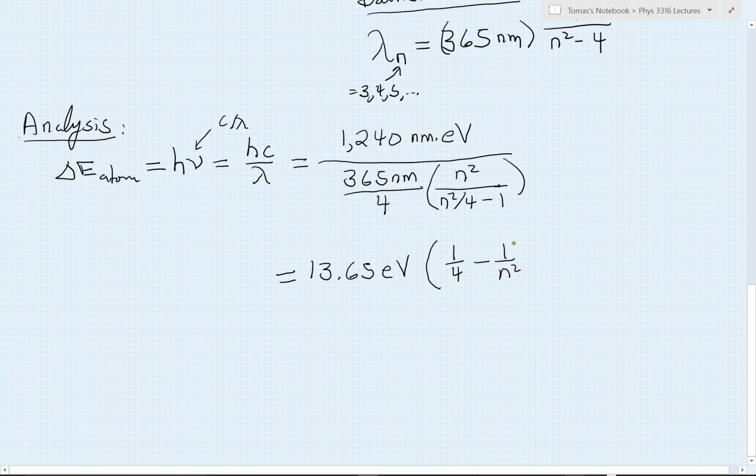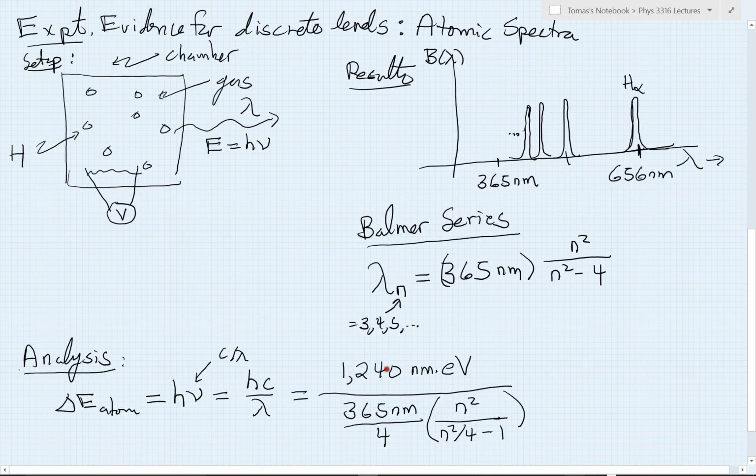Now here's where things get interesting, right? What we're saying is that we only observe certain changes in energy in the atom, right? And these changes in energy also come with certain very discrete values. We're never seeing a change in energy that is something in between these values. We never see something like that.